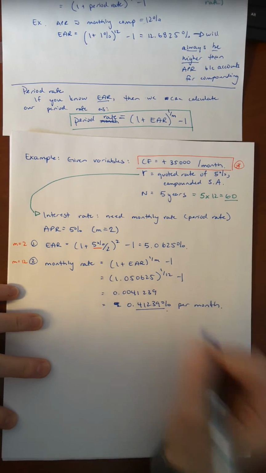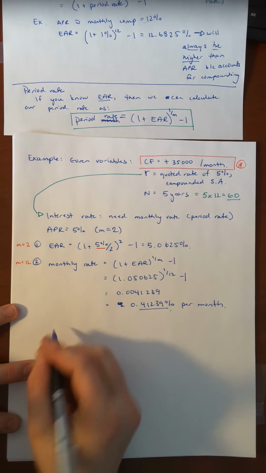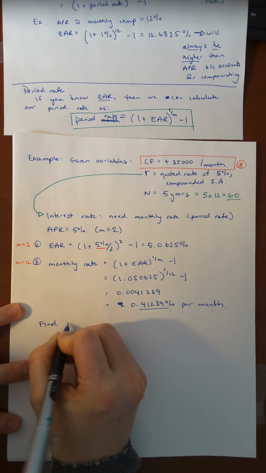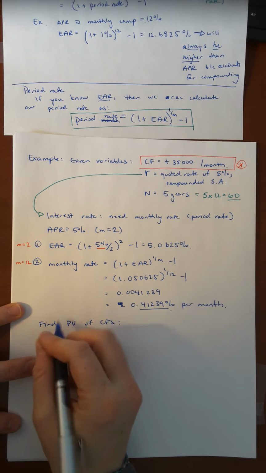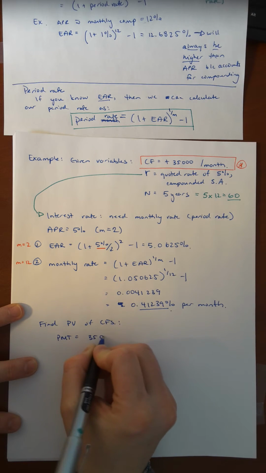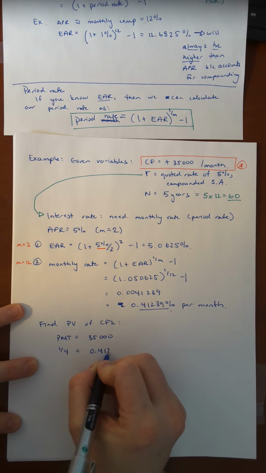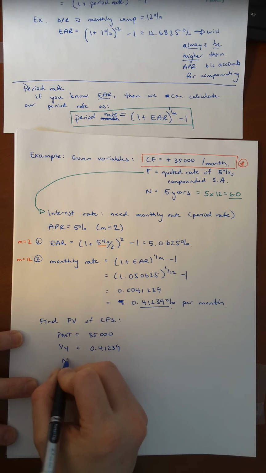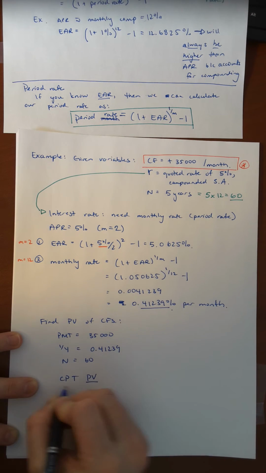And then I can use that to solve for either the present value or future value of my cash flows. If I wanted to find the present value of the cash flows, I'll use my calculator inputs. Payment is equal to 35,000, I/Y is equal to 0.41239, and N is equal to 60, and I'm going to compute PV.